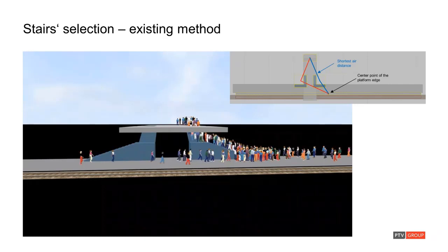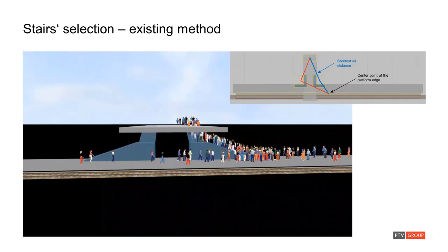Why does this happen? Well, this happens because the shortest path is calculated from the center of the area where the routing decision is on to the center of the area where the route destination is, across centers of the areas which are in between where the intermediate points are.